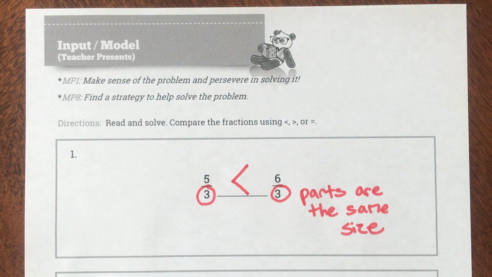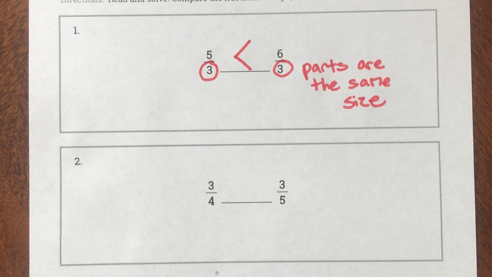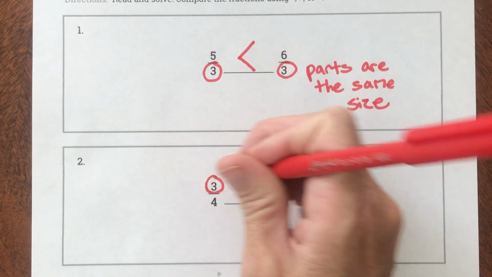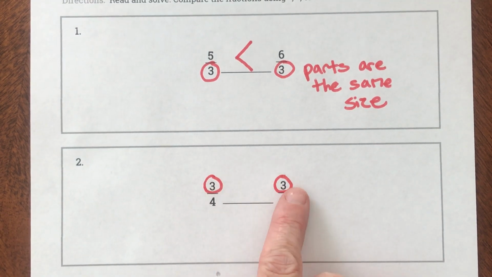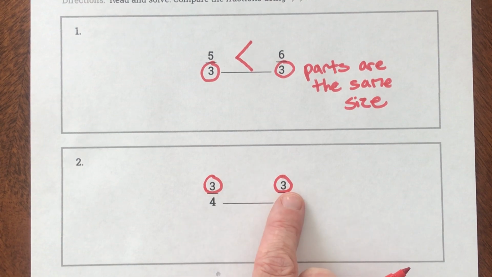Okay. Now let's look at this one, because when we look at both of these, they're very different and we'll have to talk about them. Okay, now this is a different problem because now I have 3's that are the same, but those are my numerators. Those don't tell me the size, those tell me how many I have.